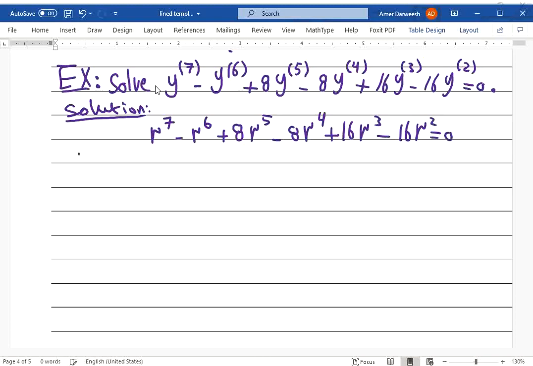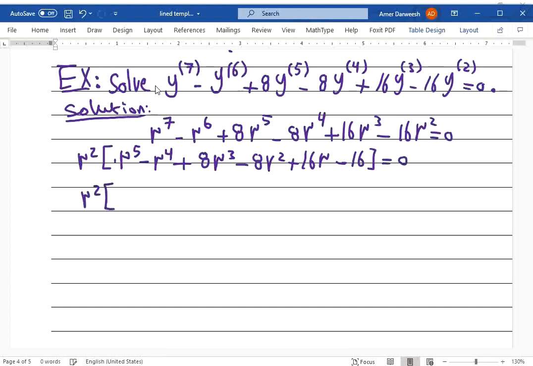Now, if I factor out r squared from the equation, I get r to the power 5 minus r to the power 4 plus 8 r to the power 3 minus 8r to the power 2 plus 16r minus 16 equals 0. Now I will collect terms, every two terms together.